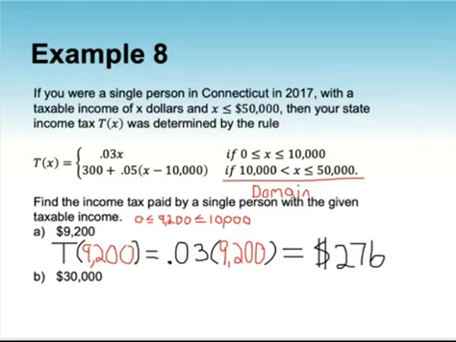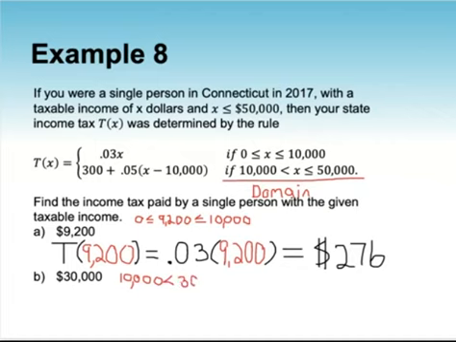Now let's look at part B. This time the person's taxable income is $30,000. So we know that 30,000 is greater than 10,000. And we can even write down the inequality to make sure it makes sense. We're using the second one since we know it doesn't fit into the first one. Let's try the second one. So we have 10,000 less than, instead of X, let's plug in 30,000 and see if that makes sense.